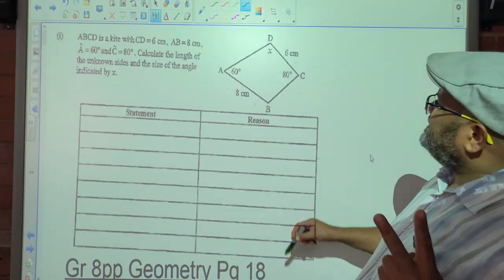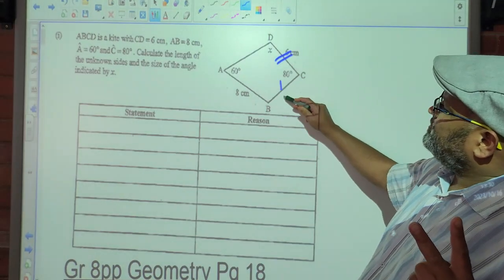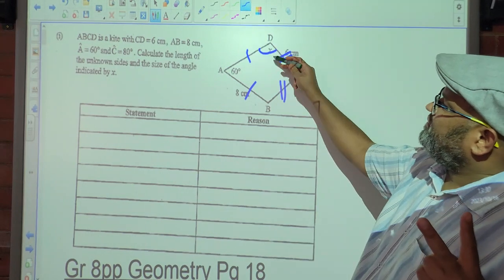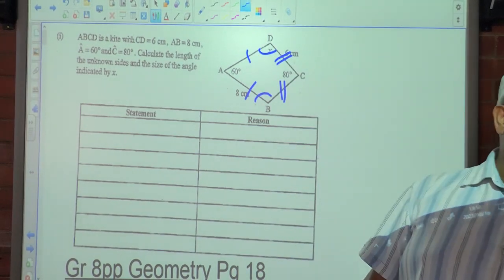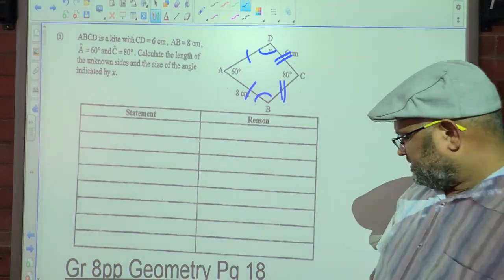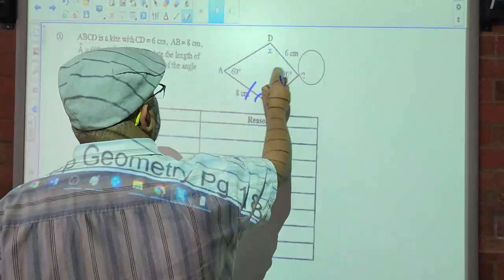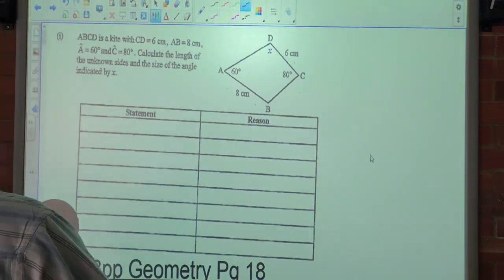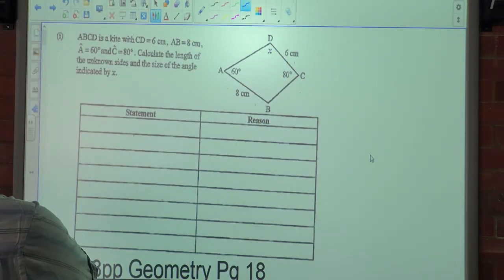What are the properties? Two pairs of adjacent sides equal. One pair of opposite angles equal. Right, let's go. The question says that it's a kite. DC is 6, AB is 8, angle A is 60, angle C is 80. Calculate the length of the unknown sides and the size of the angle indicated by X.